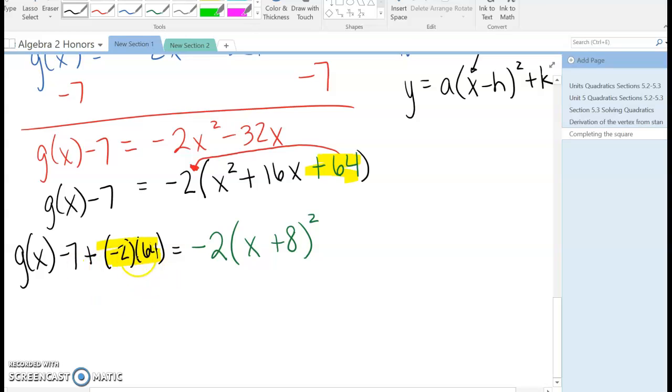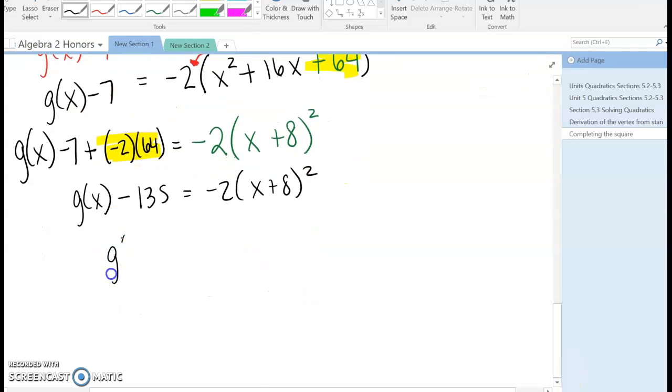Then I'm going to combine like terms here. G of x: negative 2 times 64 is negative 128. Negative 128 and negative 7 makes negative 135. And then last but not least, I want to put this in vertex form, so I'm going to move that 135 over. So it's g of x equals negative 2 times (x plus 8) squared plus 135.